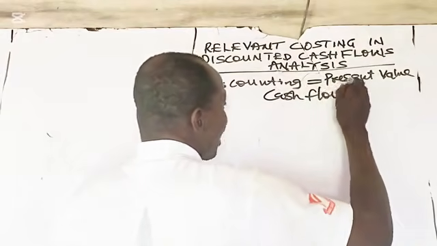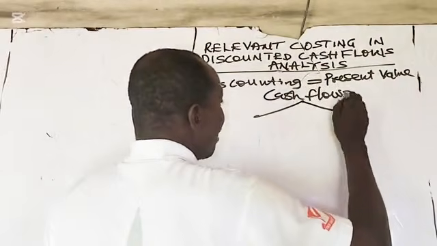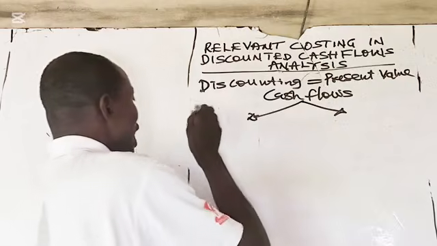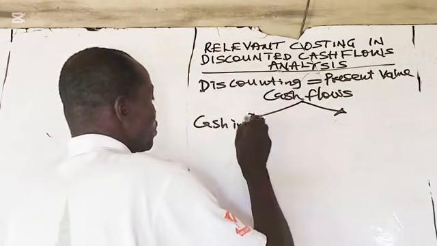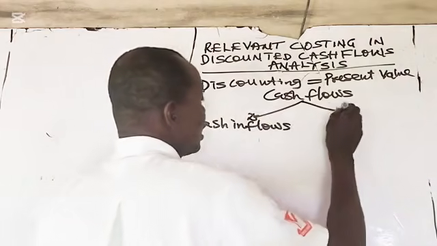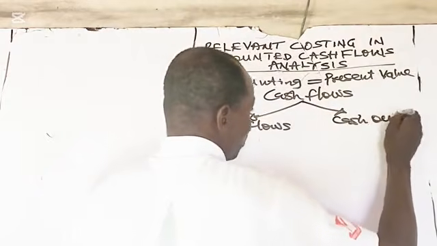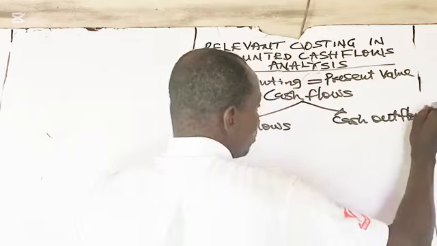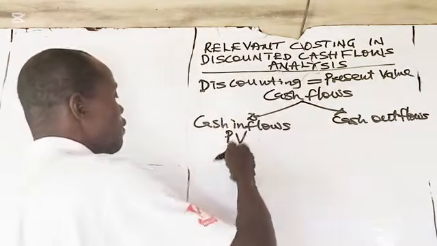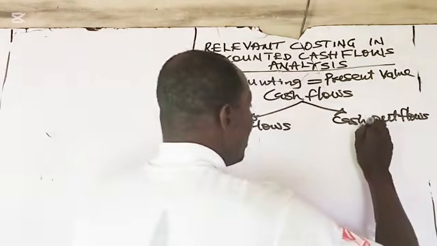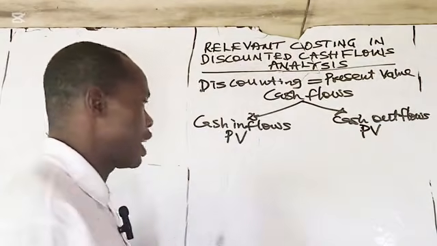And we have two types of cash flows we want to examine. We have the cash inflows and the cash outflows. It means you can calculate the present value of the cash inflows. You may equally calculate the present value of the cash outflows.